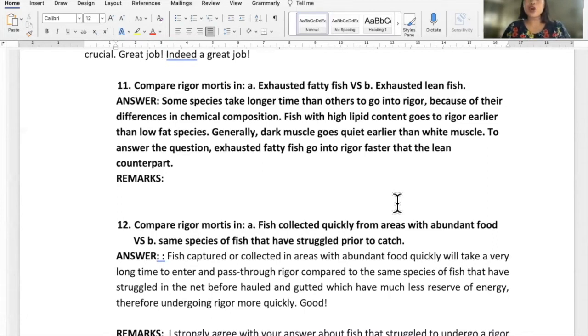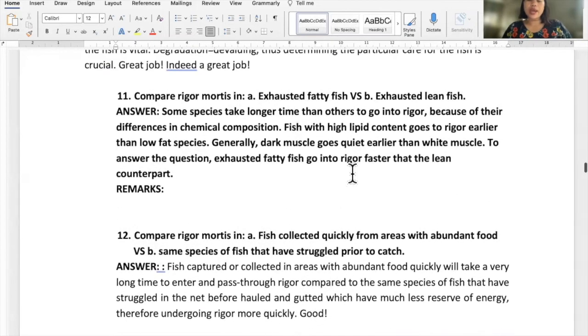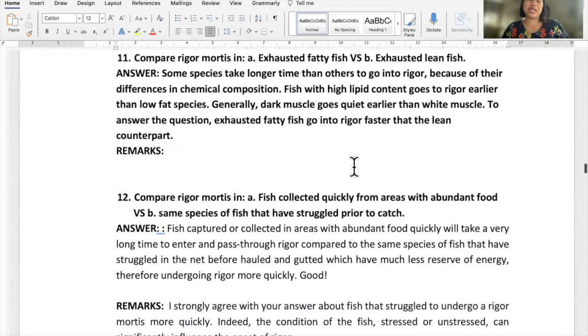So if i-compare itong fatty and lean, kasi pareho naman silang exhausted, mas mauunang mag-go into rigor yung fatty fish. While kung hindi naman sila parehong exhausted, exhausted fish goes into rigor faster or earlier than a relaxed fish.